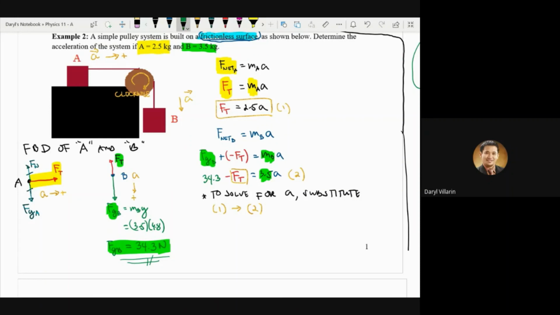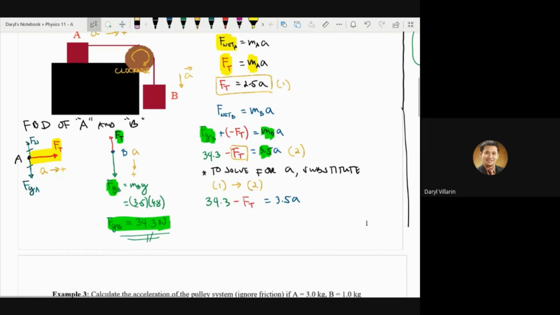So if I write my equation 2, that's 34.3 minus Ft, equal to 3.5a. Again, the value of Ft from my equation number 1 is given as 2.5a. So that means that I can replace this one with 2.5a.